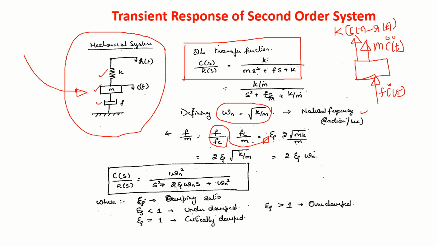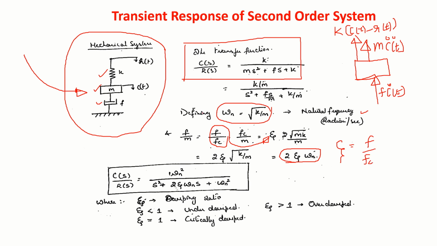So this will become 2 zeta and root of k by m. Root of k by m again is replaced by omega n. So this is 2 zeta omega n. Zeta, as I mentioned, is damping ratio: actual damping by critical damping.